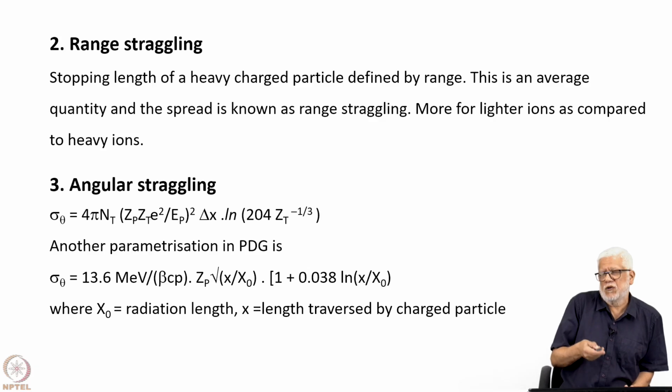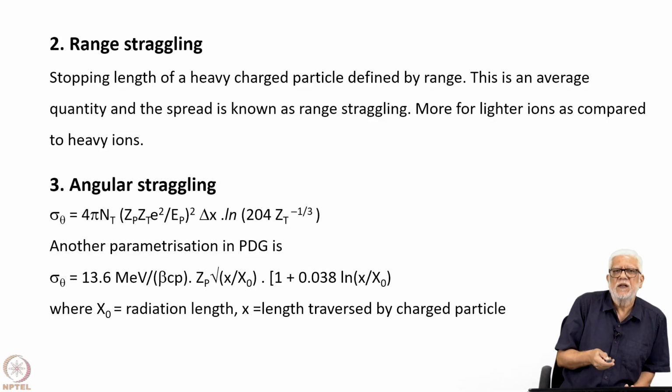So of course both inelastic and elastic, and so therefore you have a spread in this, because there is a statistical spread. And this range straggling of course is more for light ions, as we saw to some extent when we compared the range and this range straggling for protons and carbon 12 ions.